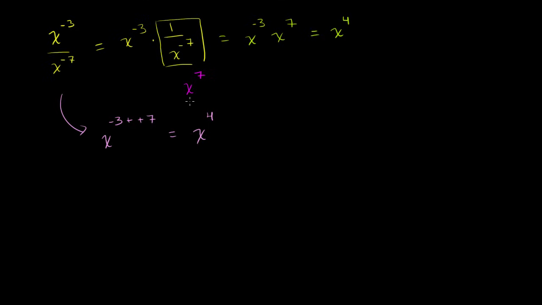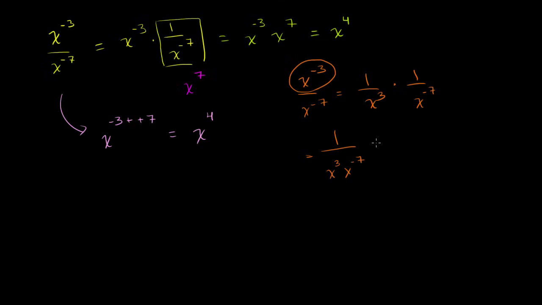And then one final way, actually, there's more than one final way we could have done this. You could have said x to the negative 3 over x to the negative 7. Well, x to the negative 3 is the same thing as 1 over x to the third, times 1 over x to the negative 7. So this would have been equal to 1 over x to the third times x to the negative 7.